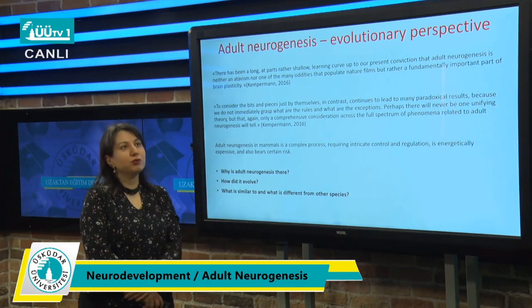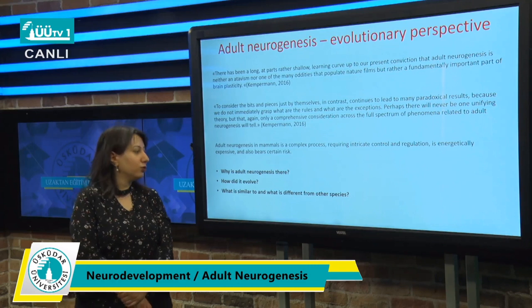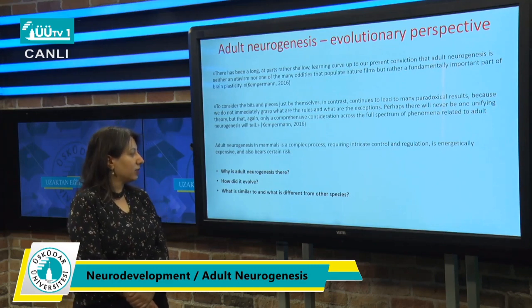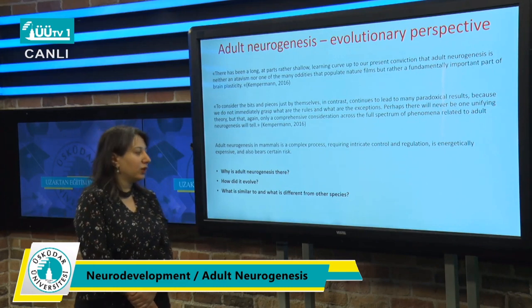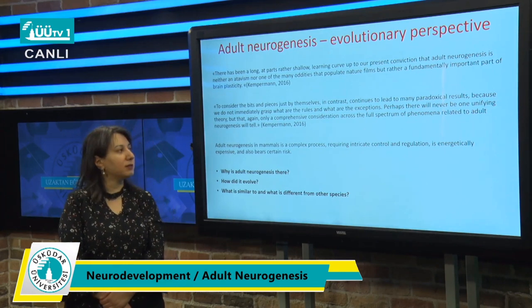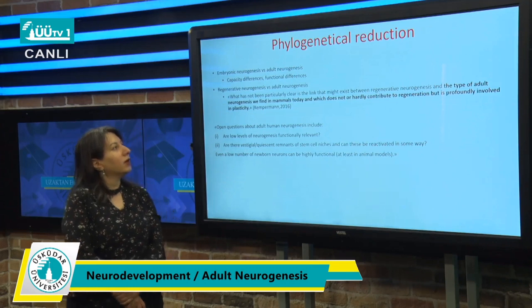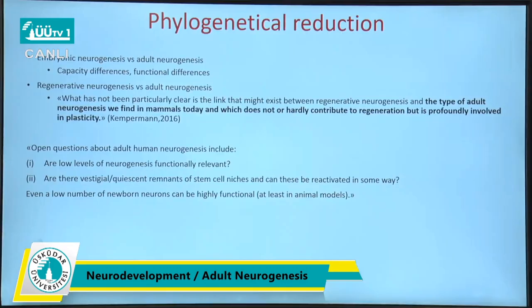So we have some proofs for why adult neurogenesis might continue, but we can also ask, how did it evolve? And we can also ask what is similar and what is different from other species as well. There are many different answers to these questions, but I will just talk about the phylogenetic reduction a little bit.